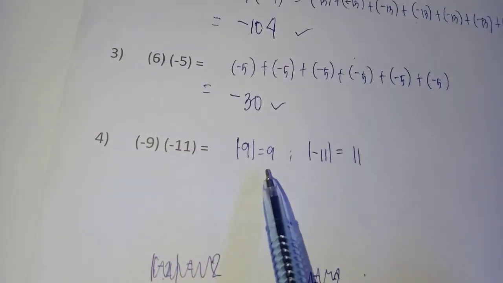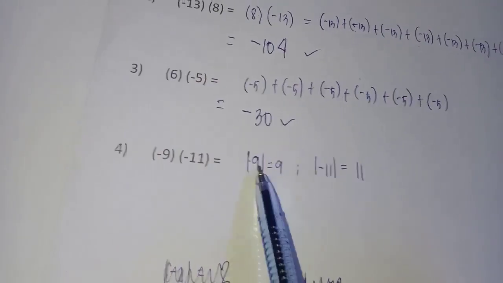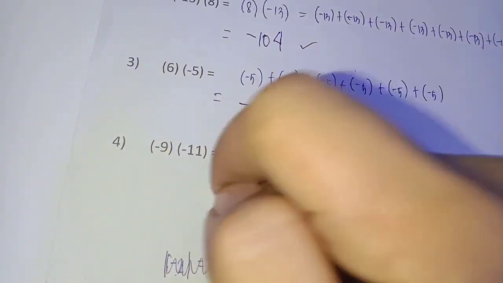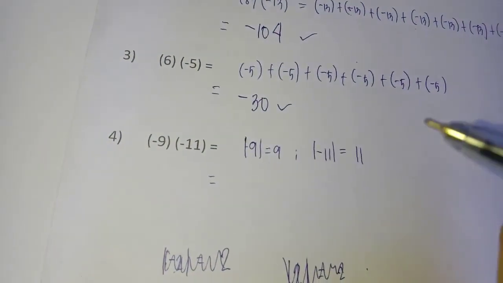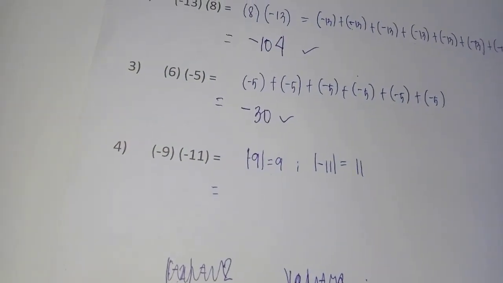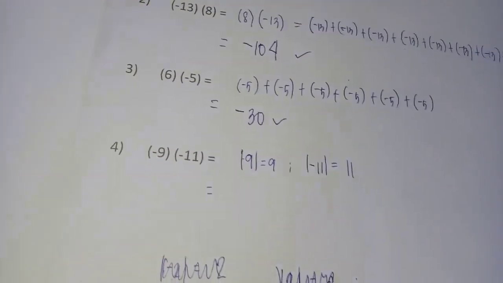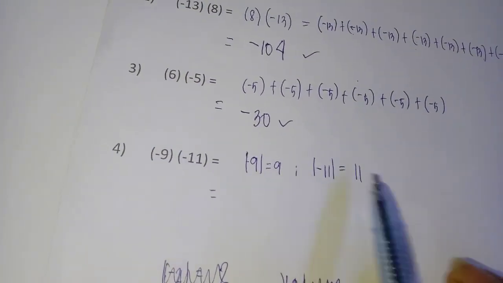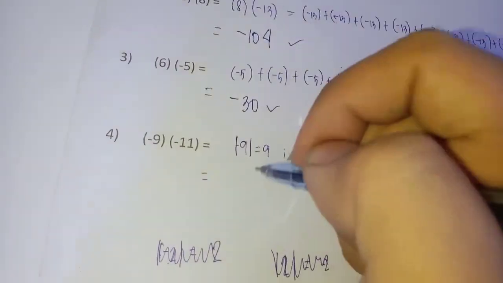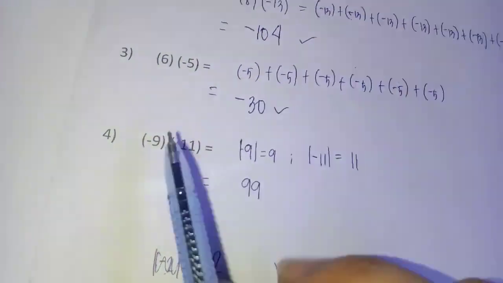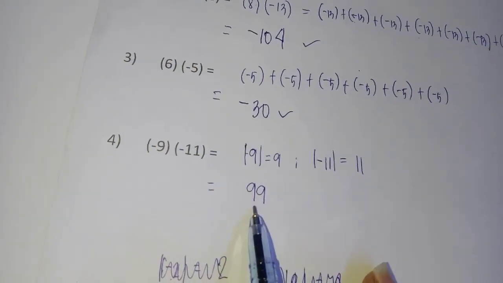So hahanapin natin yung product ng 9 and 11. 9 times 11 is also the same as 11 plus 11 plus 11 plus 11 plus 11 plus 11 plus 11 plus 11 plus 11. Okay, if we're adding 9 11s, we get 99. Okay, so 9 times 11 is 99.